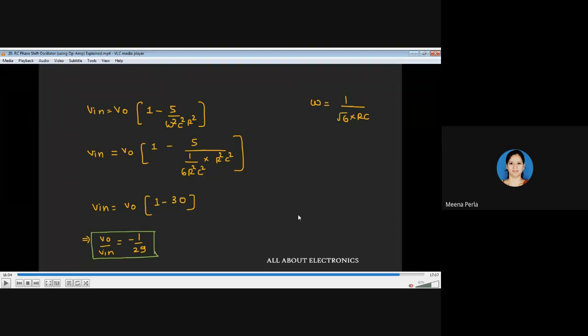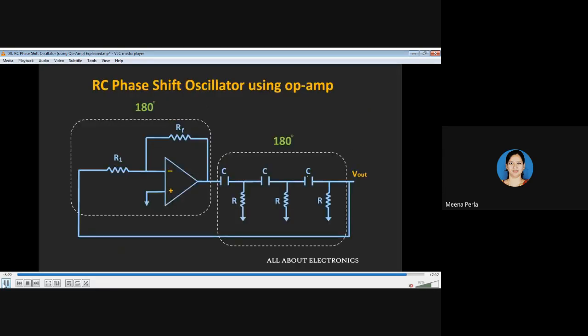Done? Okay. So moving further. Generally in this RC phase shift oscillator, the value of R remains fixed and the value of the capacitor is changed to get the desired frequency of oscillation.